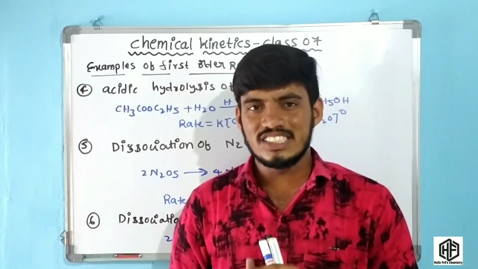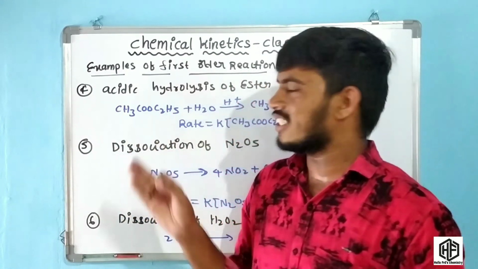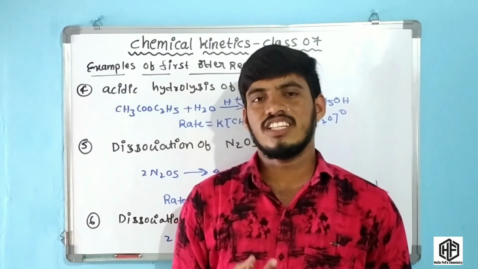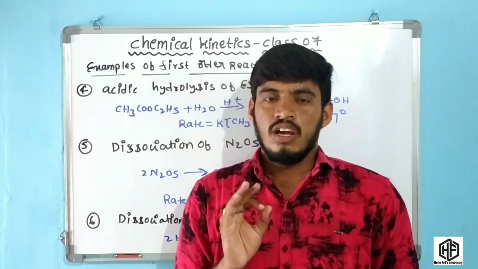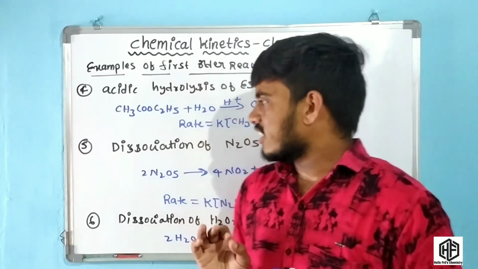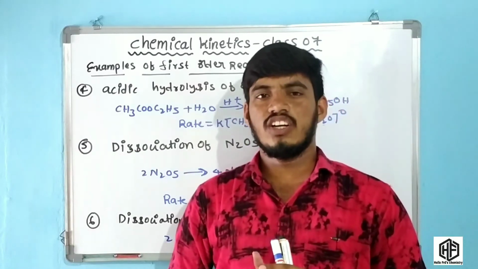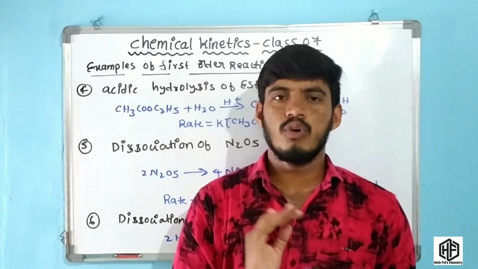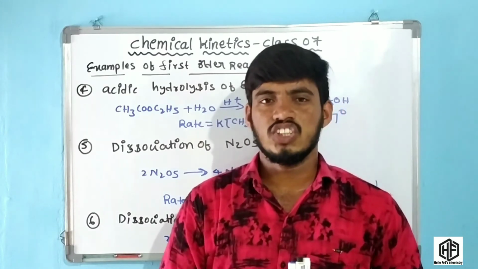The fourth, which is very important, is the acidic hydrolysis of esters. The fifth is the dissociation of N2O5, and the sixth is the dissociation of H2O2. These are the important examples of the first order reaction.